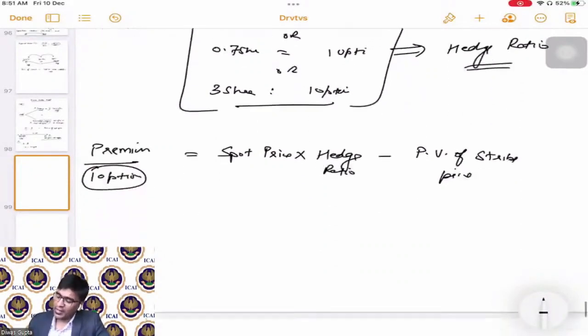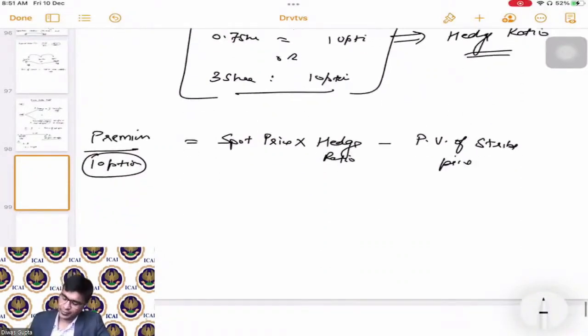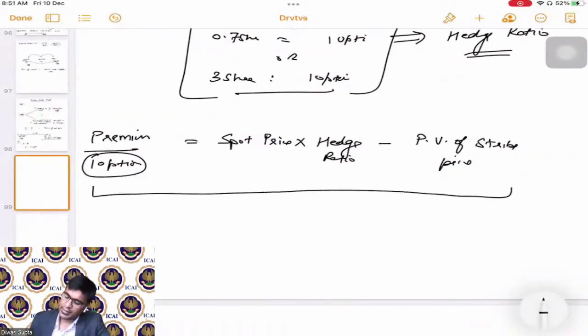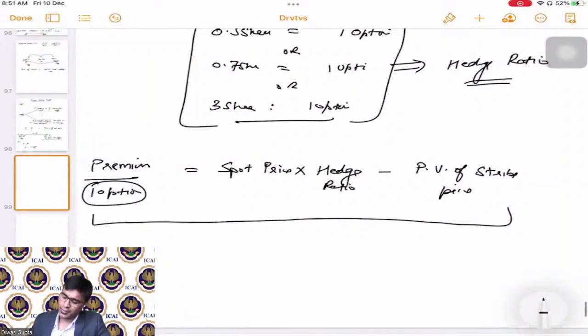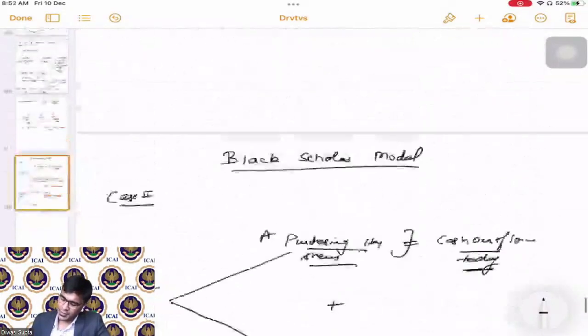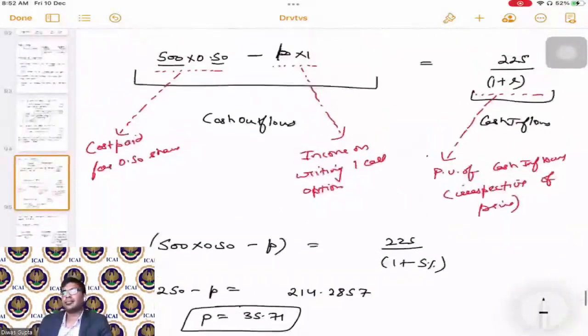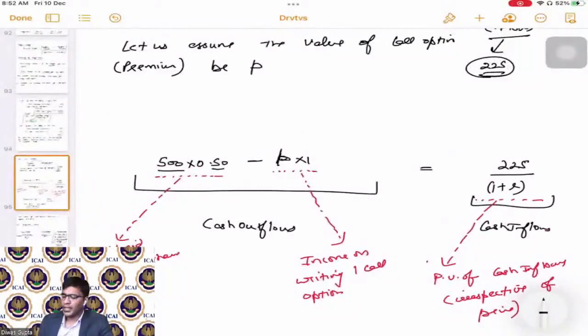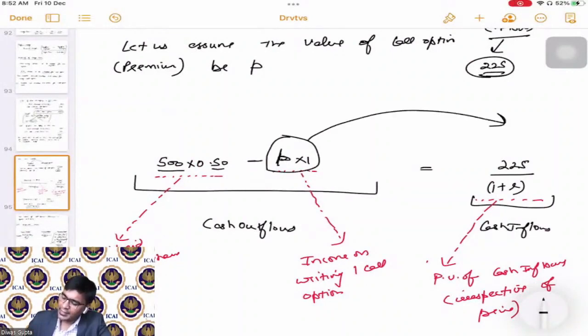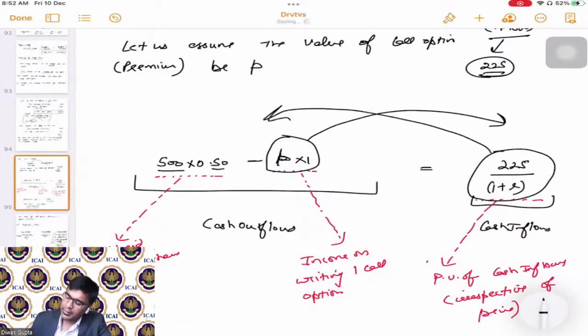Isn't this formula relatable to what we have just done in the previous question? What is this? This one. You take this P, because in that we are valuing P, right? You take this P to here and take this amount here.